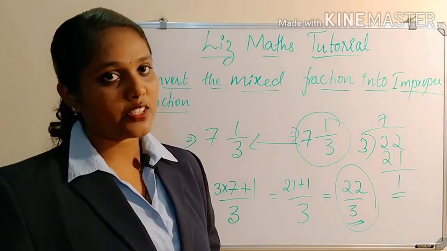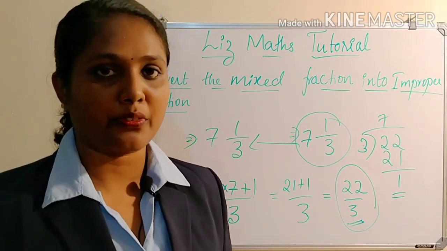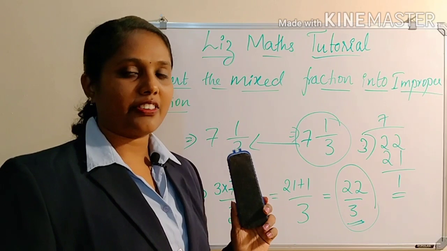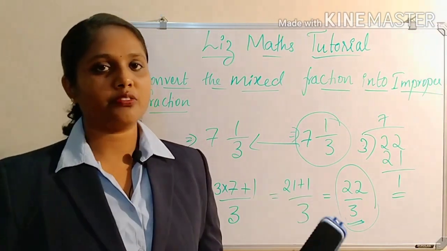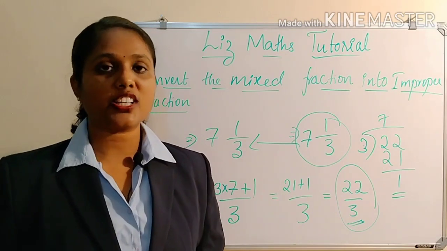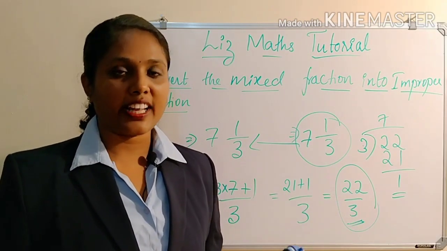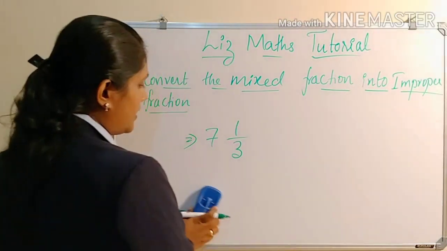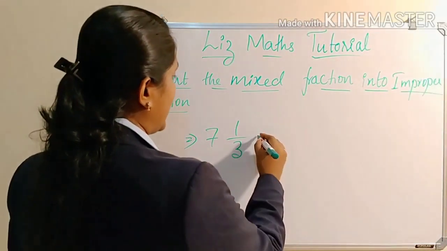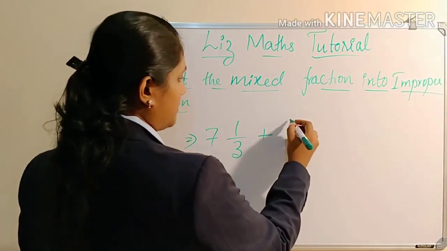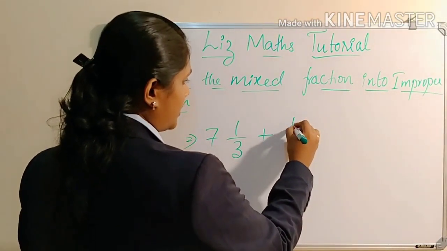Improper fraction to mixed fraction and mixed fraction to improper fraction. I hope you understood this concept. This is very important. Sometimes you have to convert a mixed fraction to an improper fraction. Why? To add or calculate. Why do we have to study all this? See here. If you have this number and you have to add it to another number, sometimes you get 1 by 3.